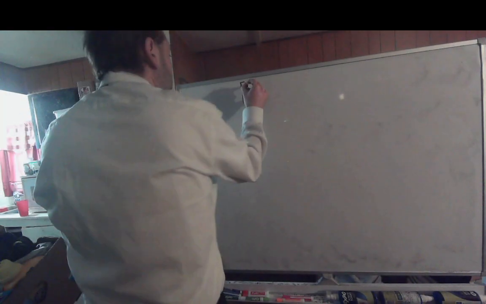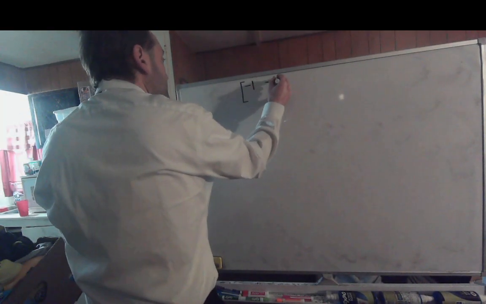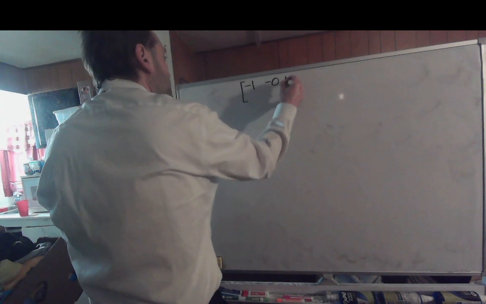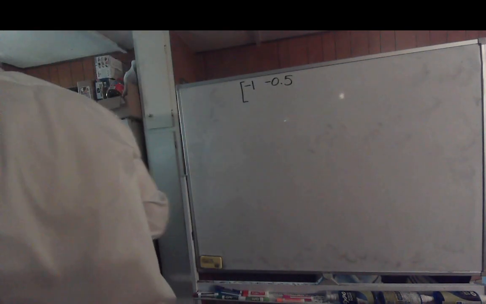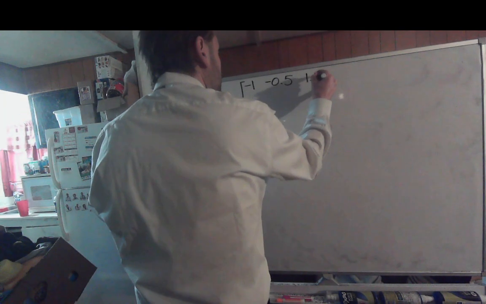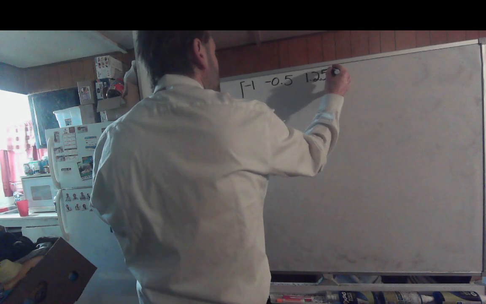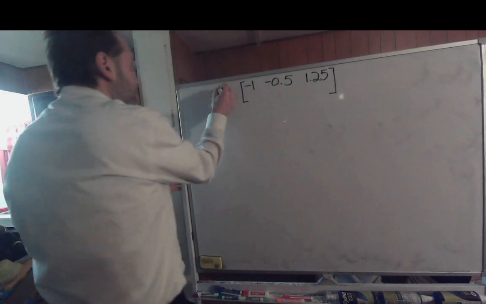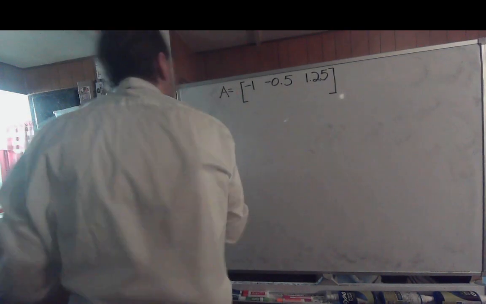Let's say we have negative 1, negative 0.5, 1.25. This will be matrix A, by the way.